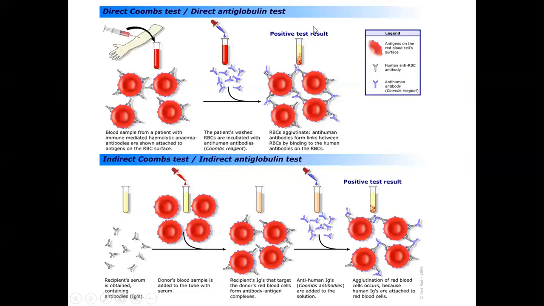Okay. This is a nice summary also that I found on the internet that basically compares and contrasts the direct antiglobulin test to the indirect test. And when you're looking at these, you see that they call them Coombs test. Basically, Coombs was the scientist who came up with the bright idea of how to get antiglobulin reagents.